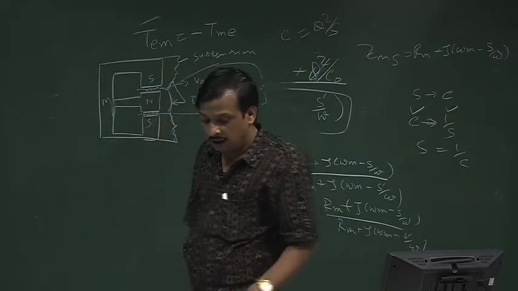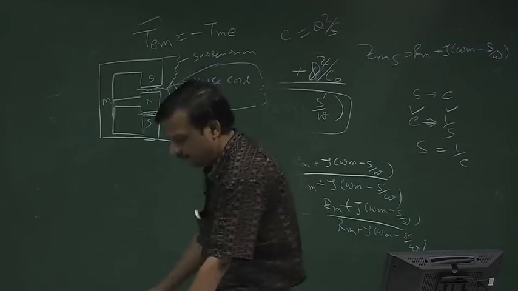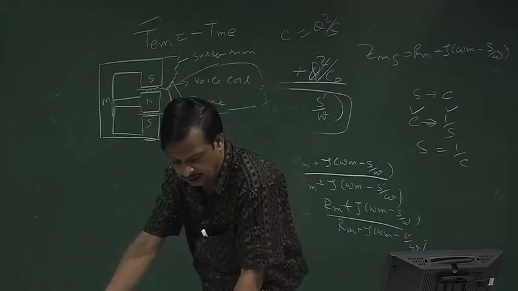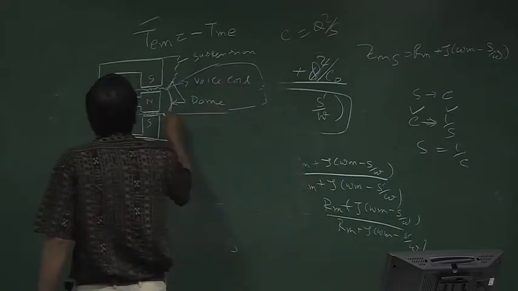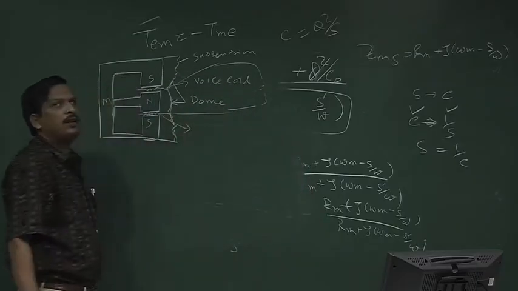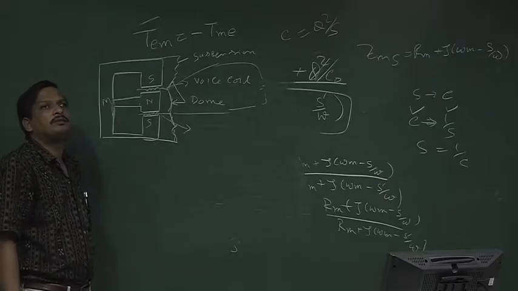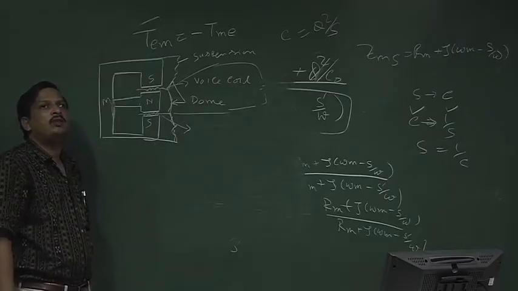So, what is the basic principle? First of all, what is the coil electrical impedance? Why is it called electrical?